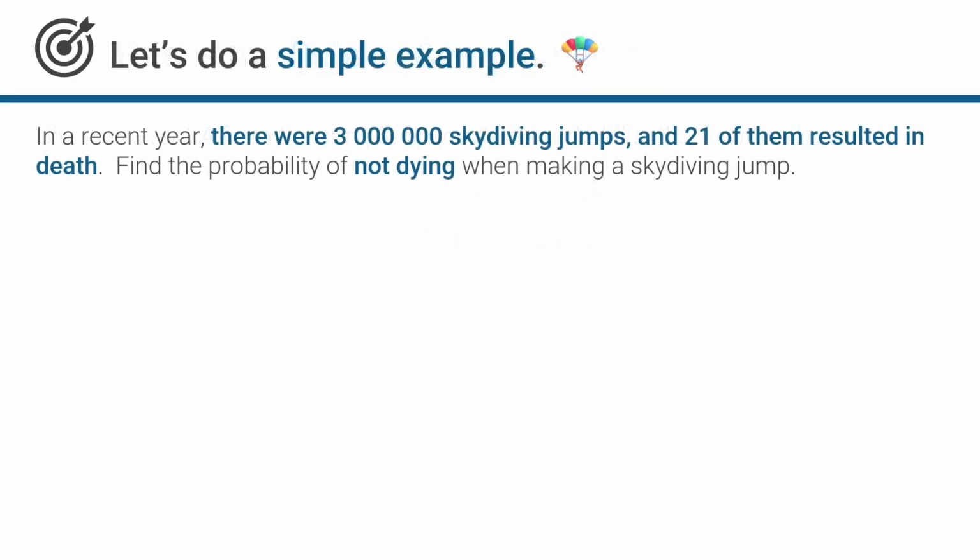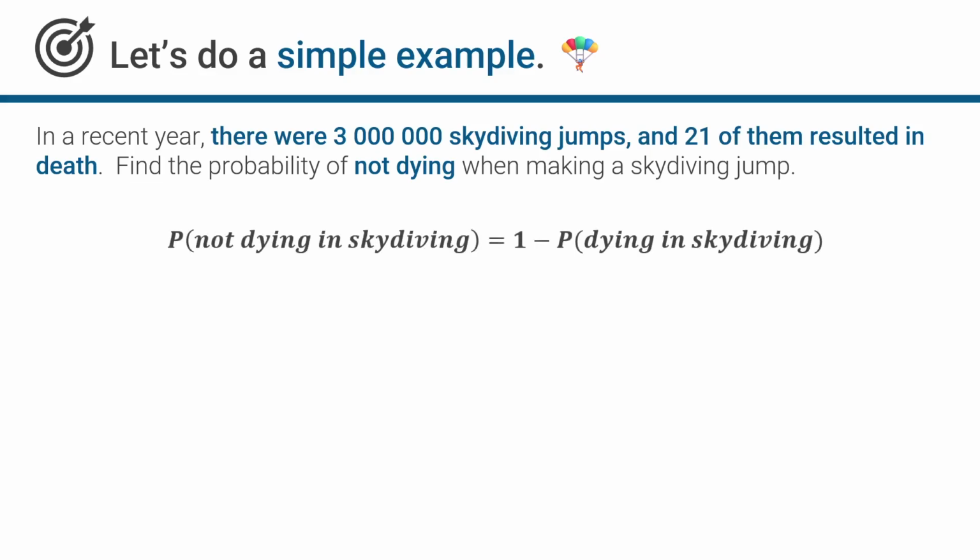Alright, so in a recent year, there were 3 million skydiving jumps and 21 of them resulted in death. Find the probability of not dying when making a skydive jump. The probability of not dying is 1 minus the probability of dying in skydiving.